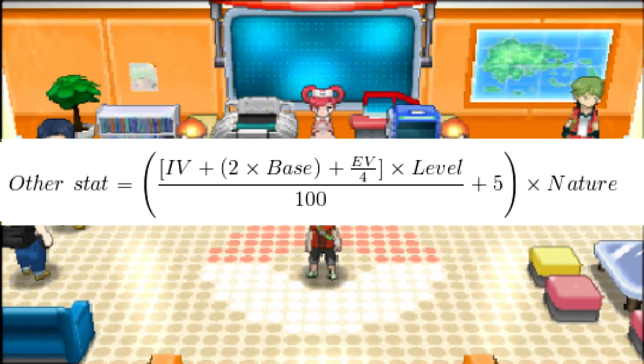So that covers all of the things that are very simple about the equation. Now we get into the more complicated things, which are IVs and EVs. First, we'll talk about EVs because EVs overall are a little simpler.